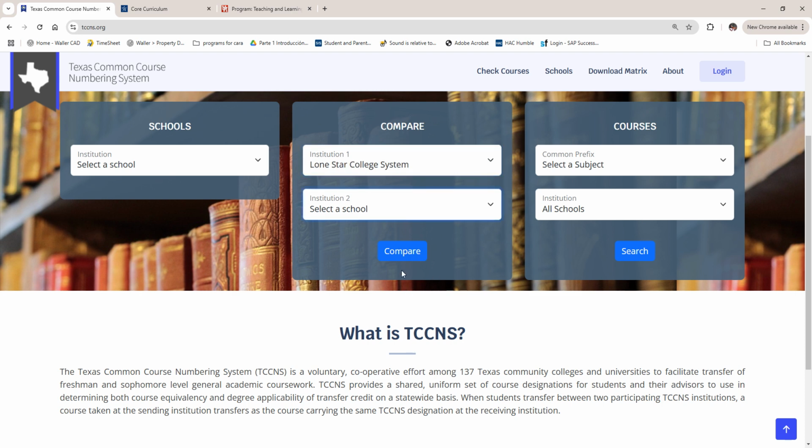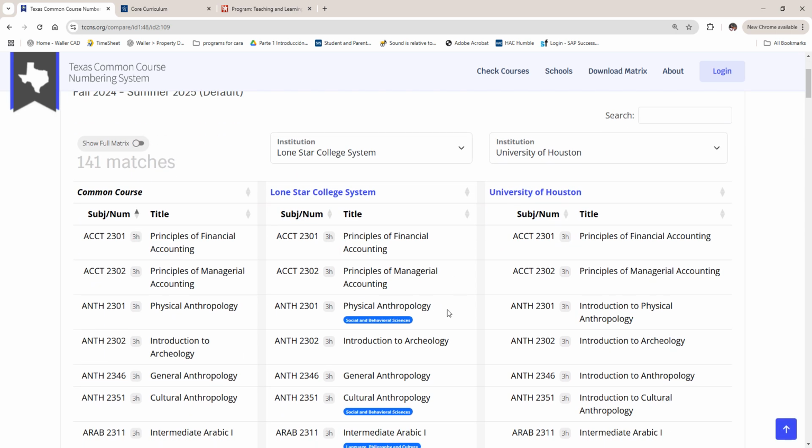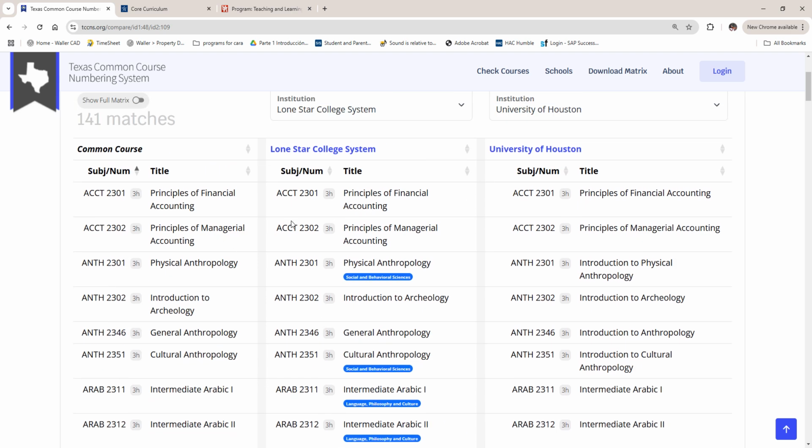In the institution name, I'm going to select the University of Houston, and I'm going to click compare. I'm going to get a list of all of the classes that match up from the Lone Star College system and the University of Houston system.